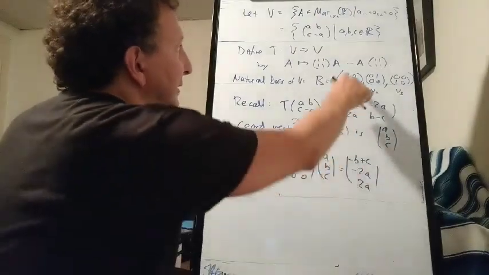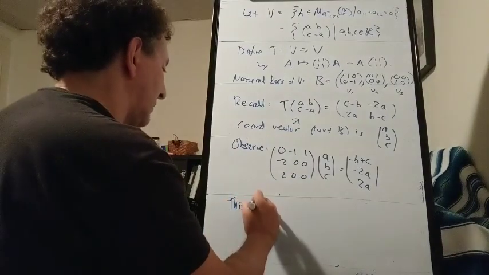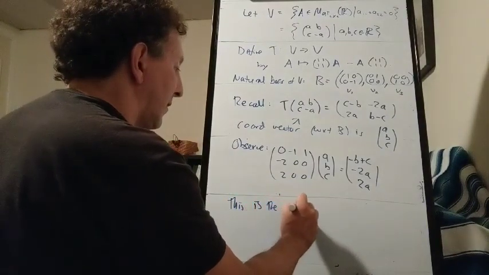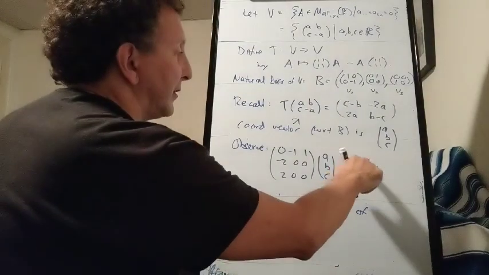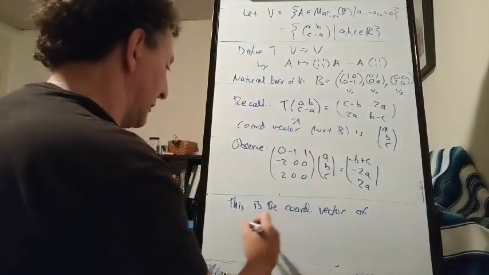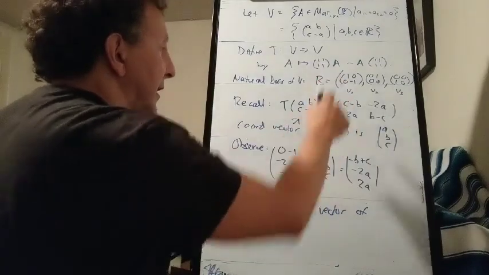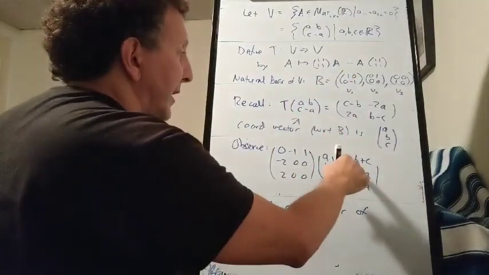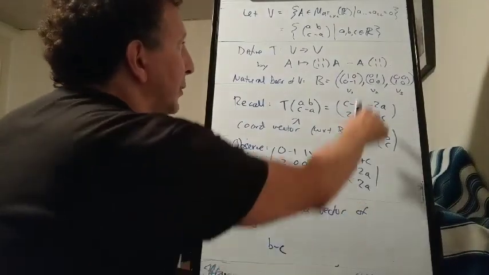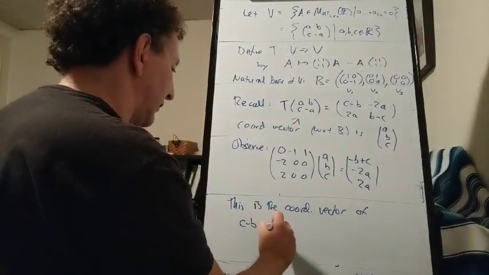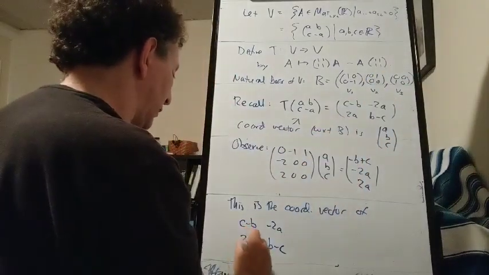So negative B plus C times this basis element. So let me write C minus B, same thing. And then negative of that is going to be B minus C. And then negative 2A times this vector, so negative 2A there, times that vector, so plus 2A here.